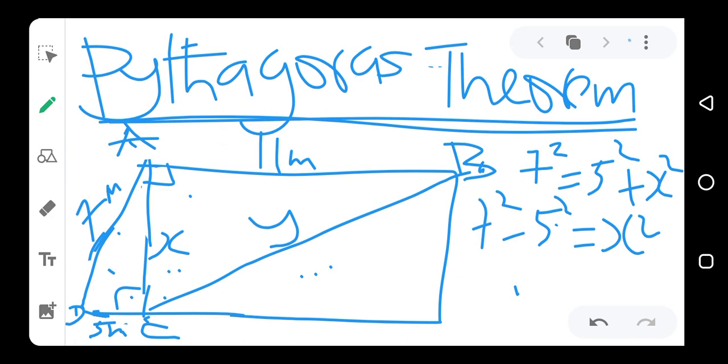Now again, I said that for you to get the roots, assuming that we have 49 minus 25, whatever we get, which we are going to get 24 here, this will give us x squared.